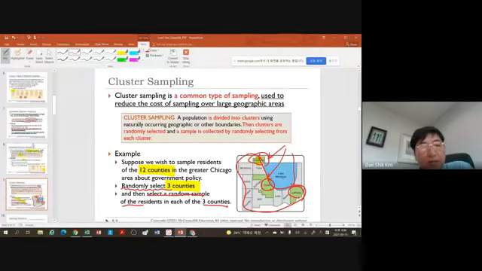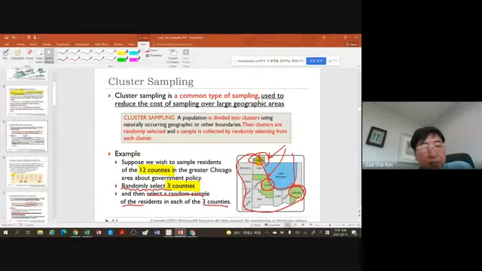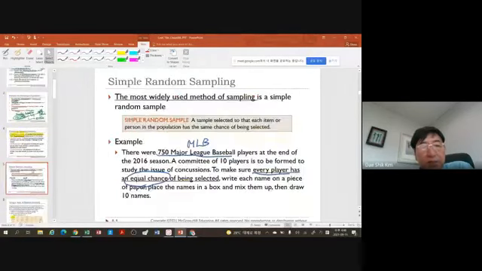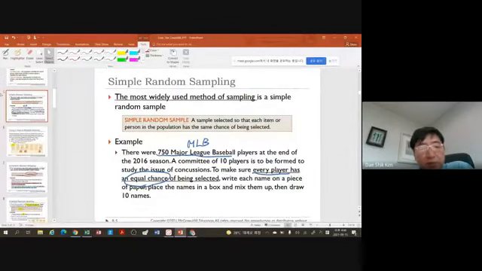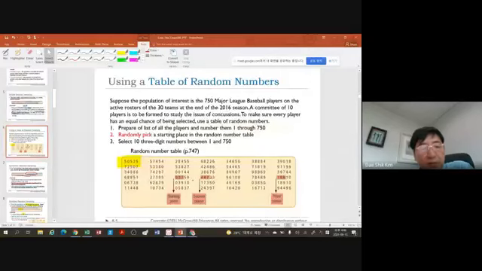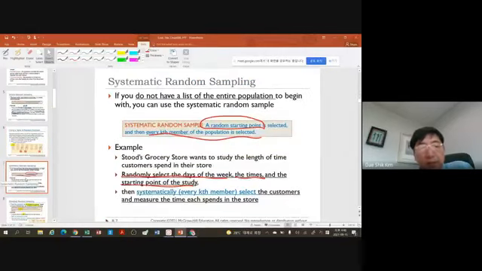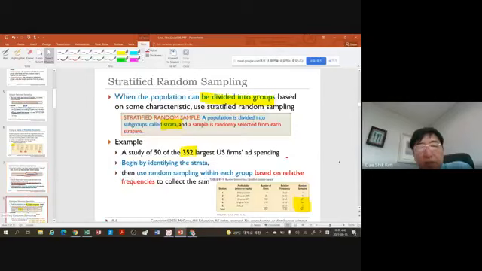So far, we have studied 4 methods. The first one was simple random sampling. For simple random sampling, you can use a random number table, or you can use an Excel function. The second method is systematic: the first one is randomly selected, and then every k-th member will be selected.